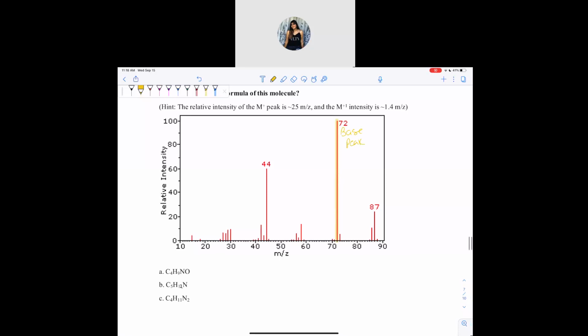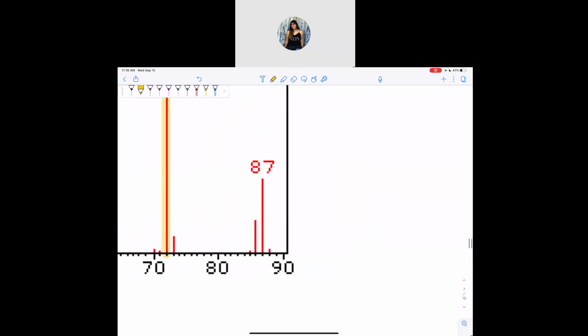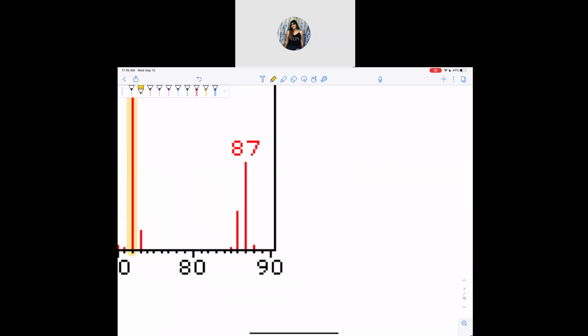So again, let's zoom in to this end of the spectrum, right? And again, we know we always have an M+ peak. We always have an M+1. We don't always have an M+2. And we know that the M+1 peak is always the super, super tiny one at the end.